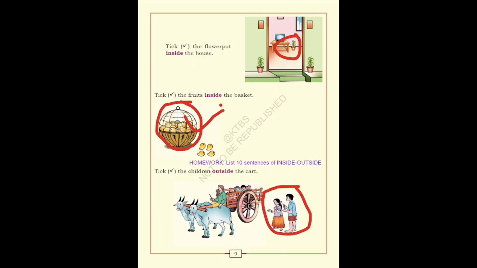I think all of you understood the inside and outside concept, and also the on and under concept. Don't forget the top bottom concept in the previous video also. Okay. So these all are important for you. Just learn with interest. Okay. I think all of you have understood.